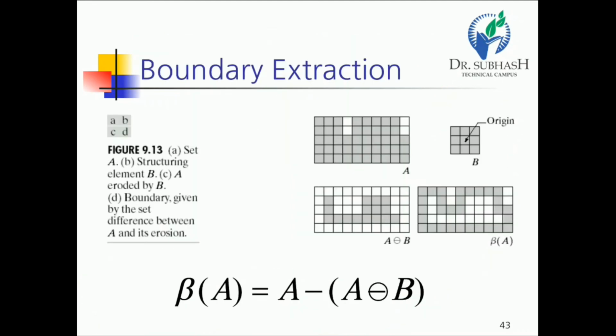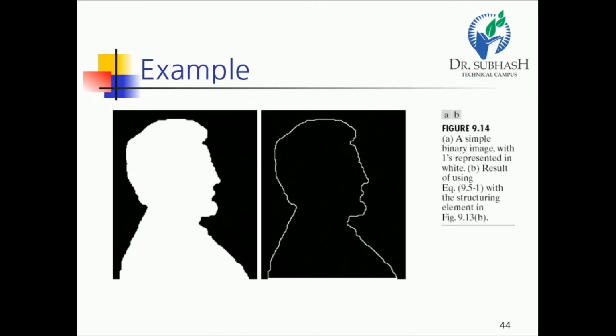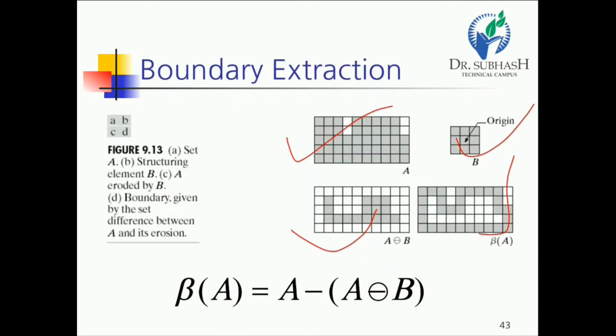Now the boundary extraction. This is the set A and this is the structuring element B. In figure C, A is eroded by B, and in figure D, the boundary is given by the set difference of A and the erosion of A. So the boundary extraction equals A minus the erosion of A by B. This is an example of boundary extraction.